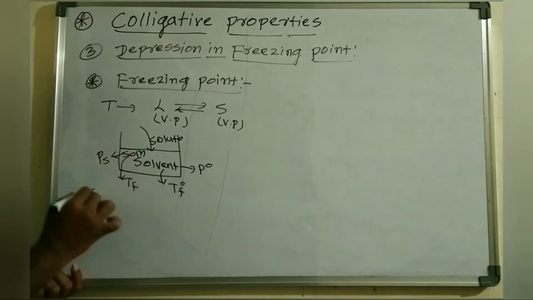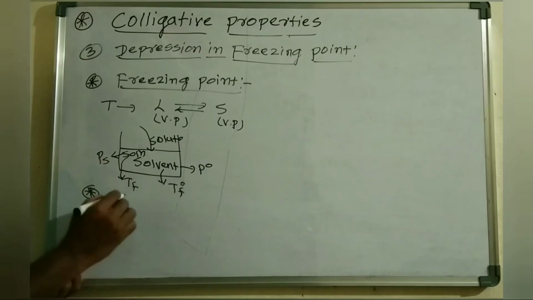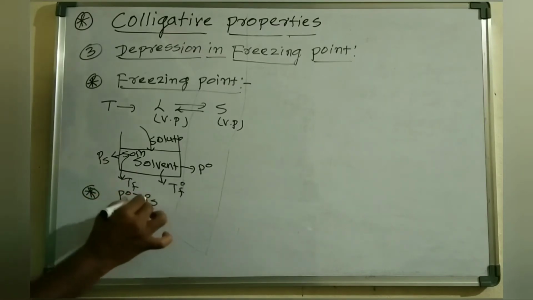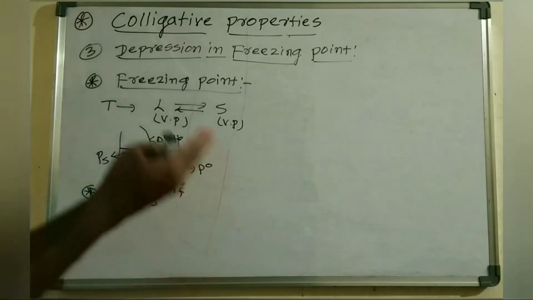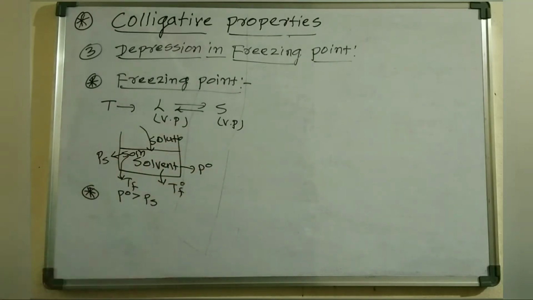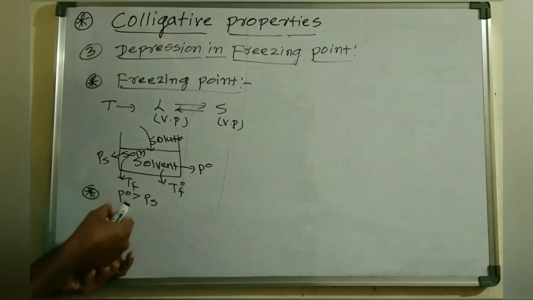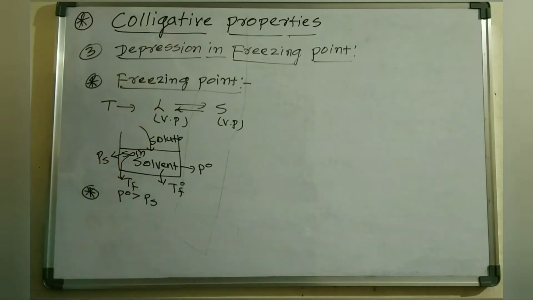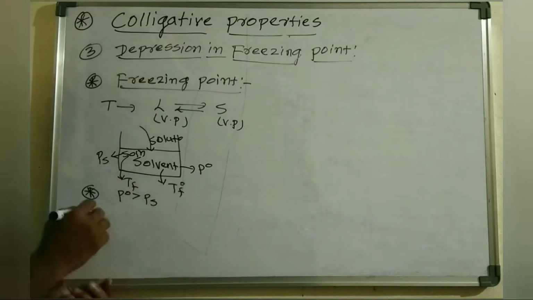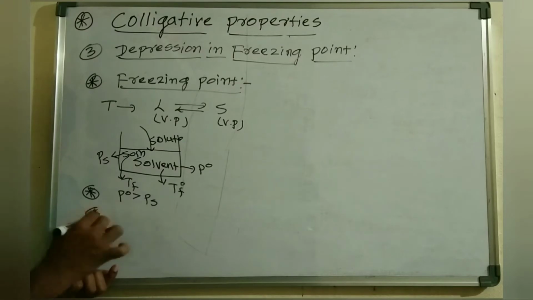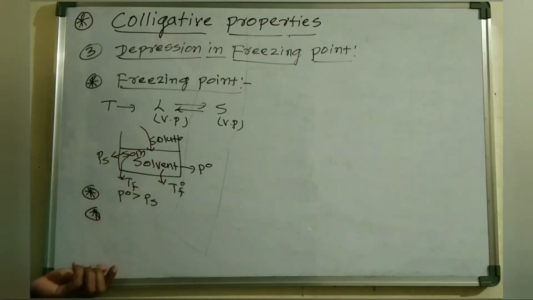As we all know, the vapor pressure of the pure solvent P naught is always greater than PS, because when we add the non-volatile solute, some solute molecules replace solvent molecules on the surface. That's the reason the vapor pressure always decreases for a solution. Similarly, when we add the non-volatile solute, the freezing point of the solution decreases.